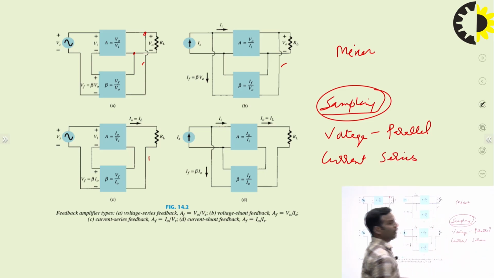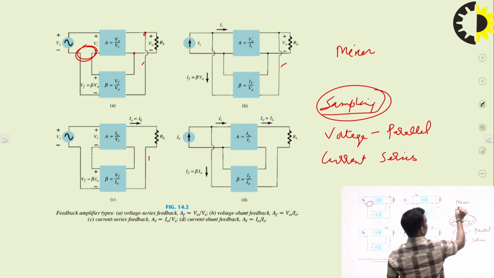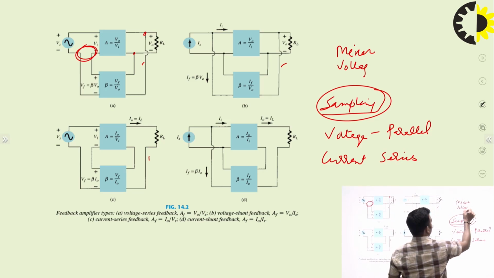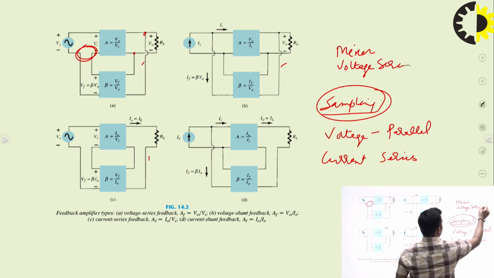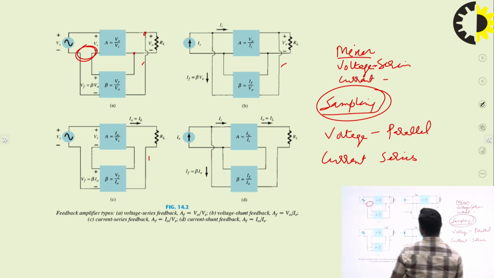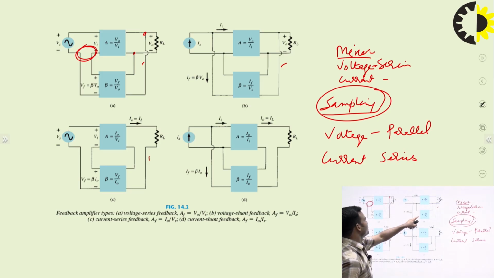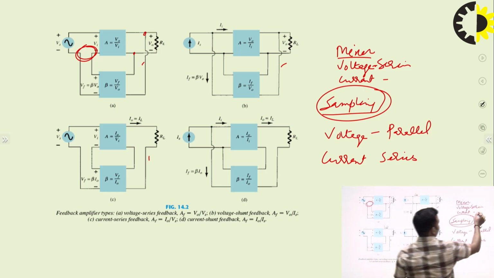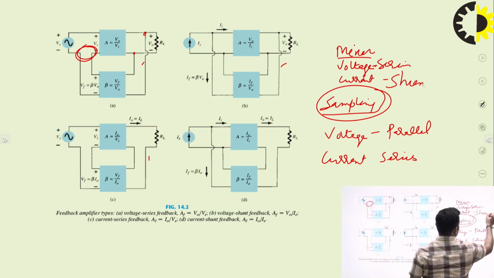Now, if I talk about the mixer network, mixing of voltage is done in series. And mixing of current is done in shunt, parallel or shunt.